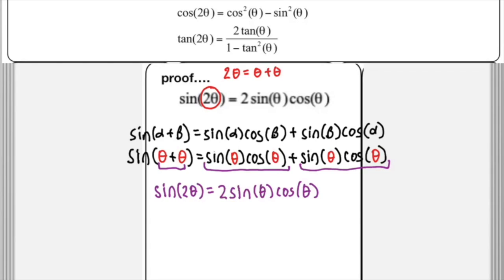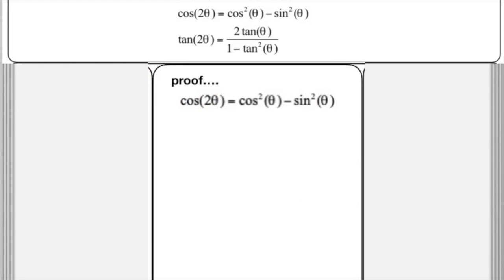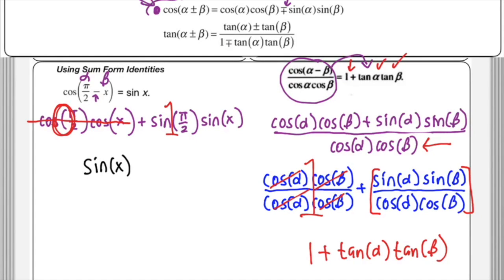Okay, so what I want you guys to do is take a shot at proving this second one here using the cosine sum formula. That is back here, so this guy right here. You start there and see if you can prove it out.